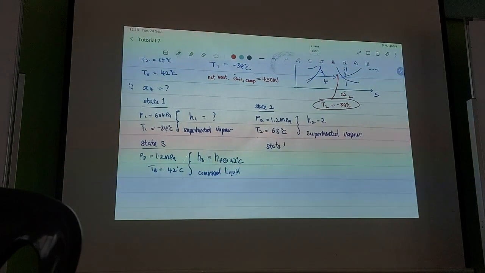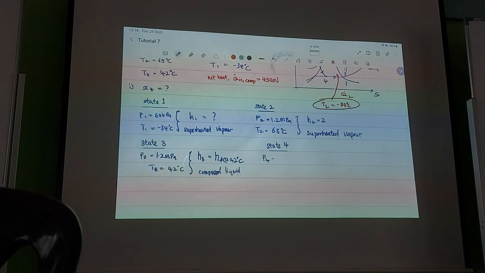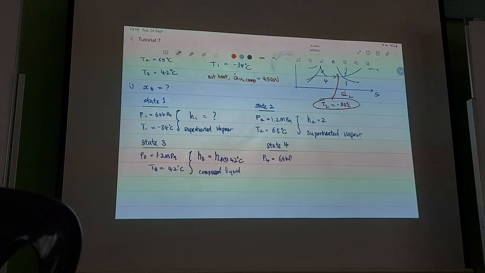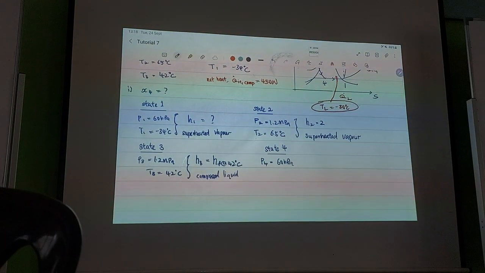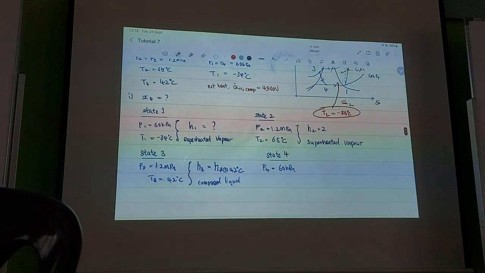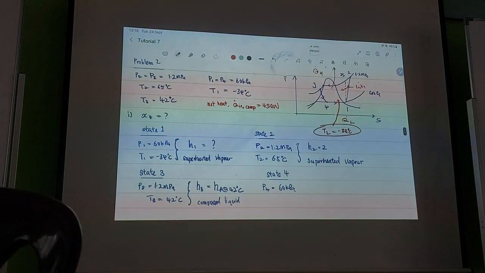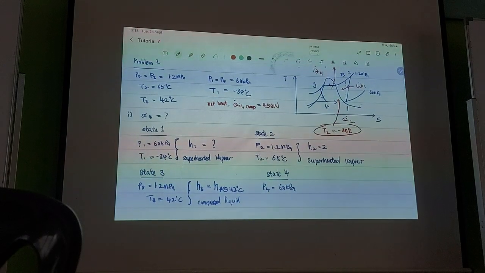Then state 4, what do we do at state 4? We know P4 is P1, which is 60 kilopascal, but then that's all. Use this information for now. No, T is not the same as T1, because T1 is here, it is a superheated state.